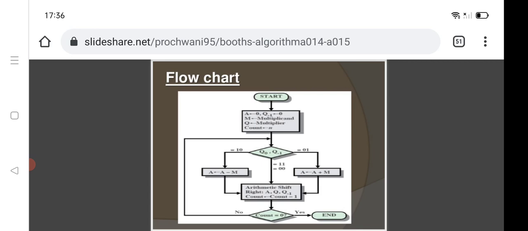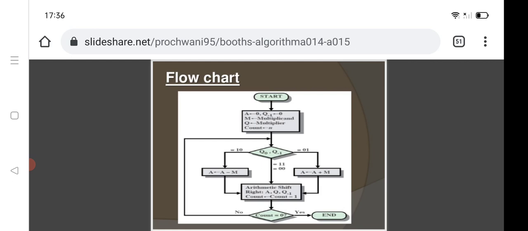How many bits there are in the multiplicand, you keep that as the count n. Is it clear? In the initializing, the A register will be equal to 0, the Q minus 1 register will be equal to 0, the multiplicand will be stored in the M register, the multiplier will be stored in the Q register, and the count value n will be stored in the count variable.